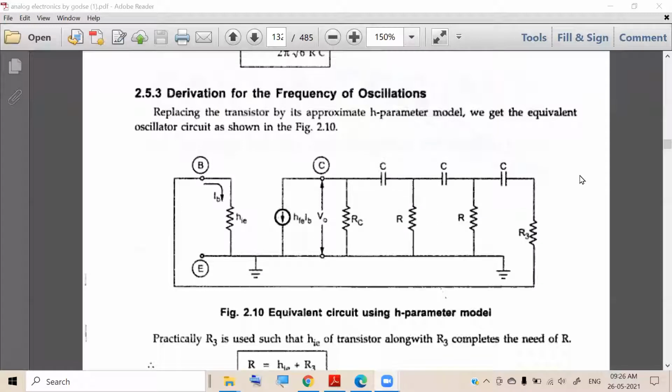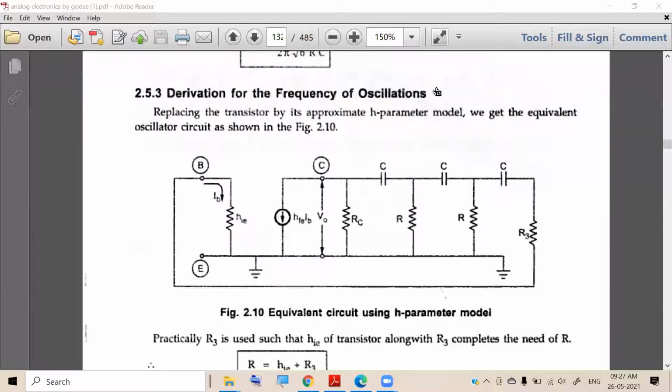Now we are going to derive using the same old condition. What is the condition? A beta equal to 1. That is the condition for sustained oscillations. The two conditions are A beta equal to 1 and the phase shift around the closed loop should be 0 or 360 degrees.